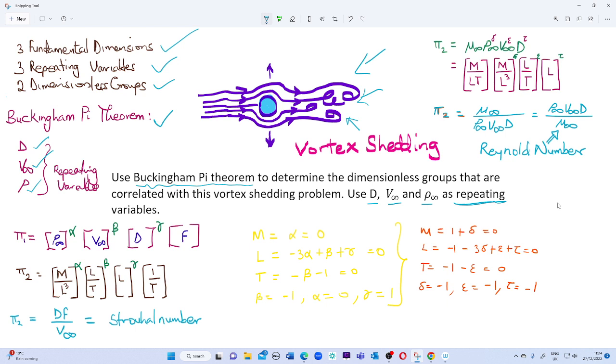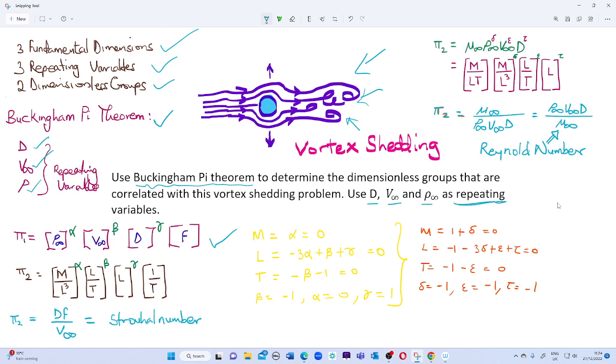We assume that the three repeating variables have the powers alpha, beta and gamma, just like it is written here, while the non-repeating variable, which is F, the frequency, is left out of the repeating. So the F stands on its own without a power.